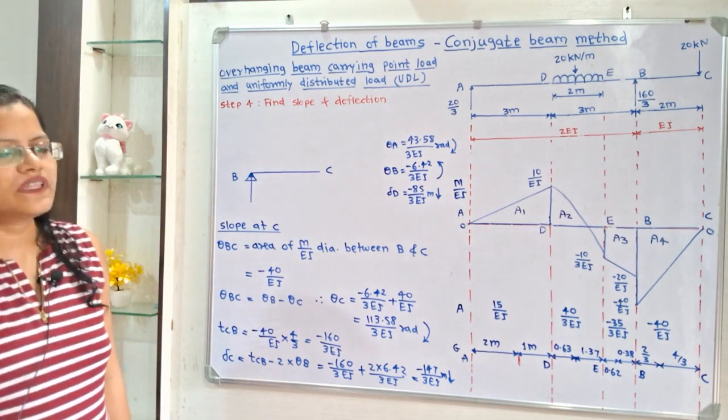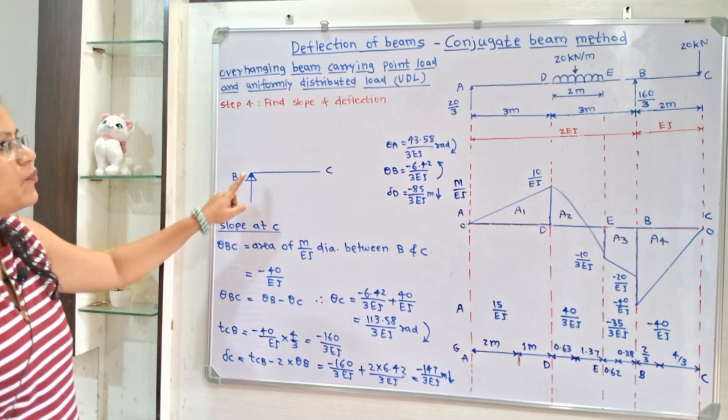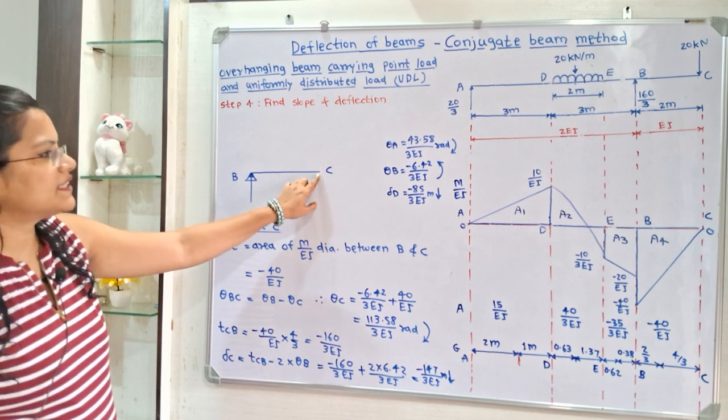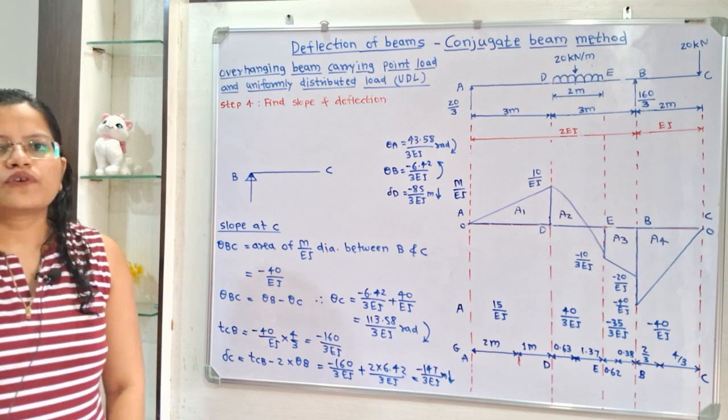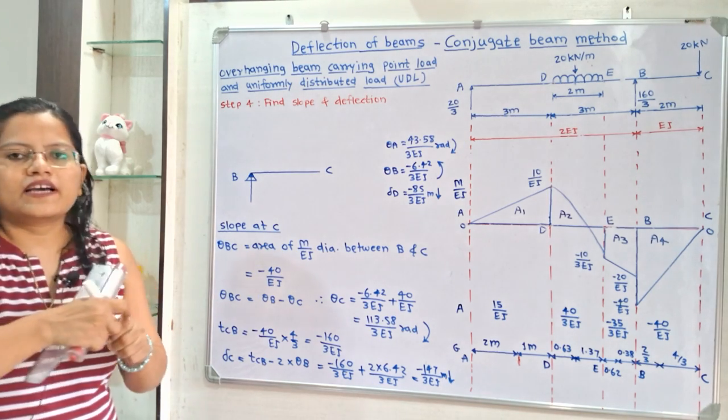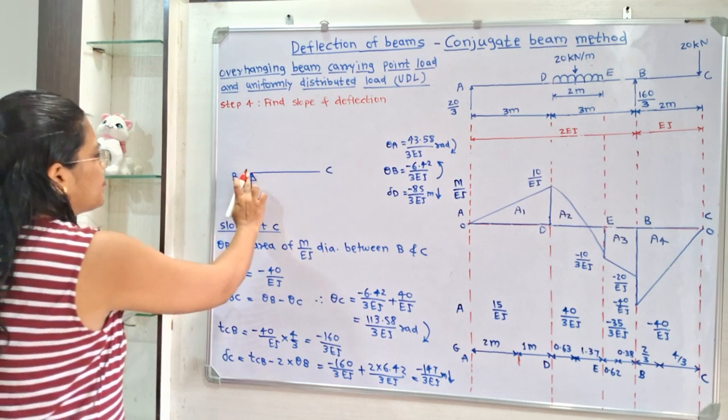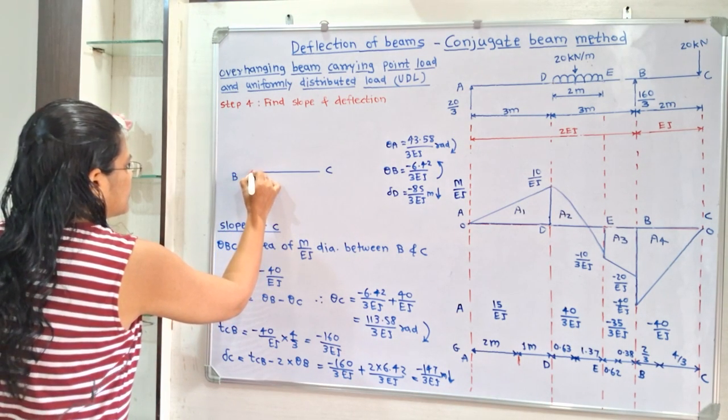Now if we observe, there is the fixed support at point B and this point C is the free end. So we can assume that there is the deflection of this part BC in this direction.